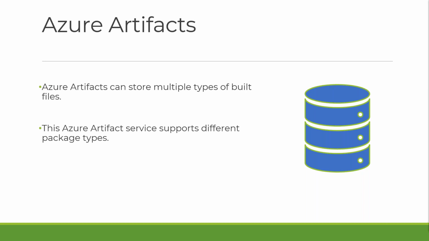The Azure Artifacts service supports many different package types, such as NuGet, npm, Python, Maven, etc. There are many packages that it supports. Again, it's quite diverse. It's very integratable.